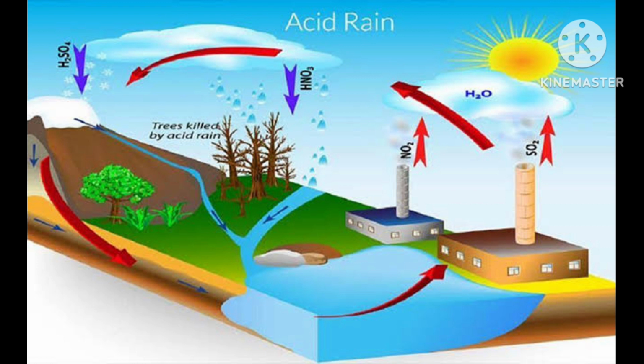And nitrogen again forms oxides of nitrogen. Various types of oxides of nitrogen can form. First oxide is NO, second NO2, third NO3, fourth N2O4, N2O5, many are there.